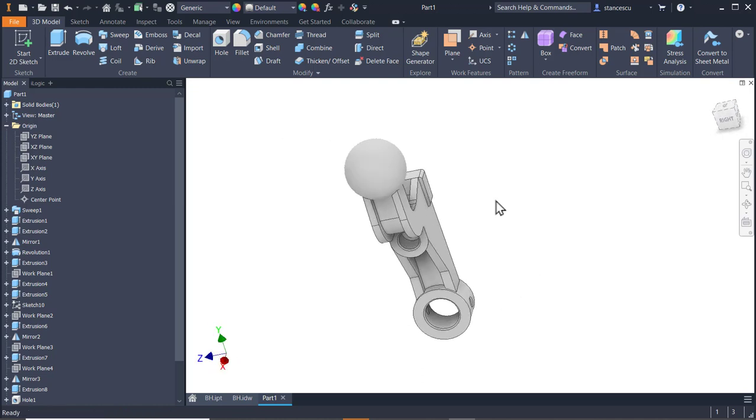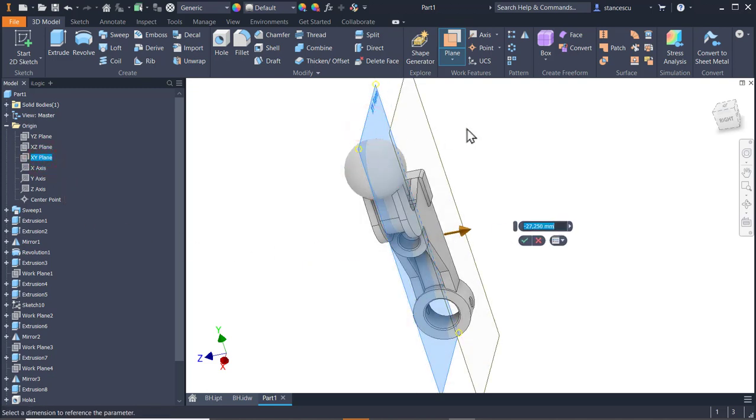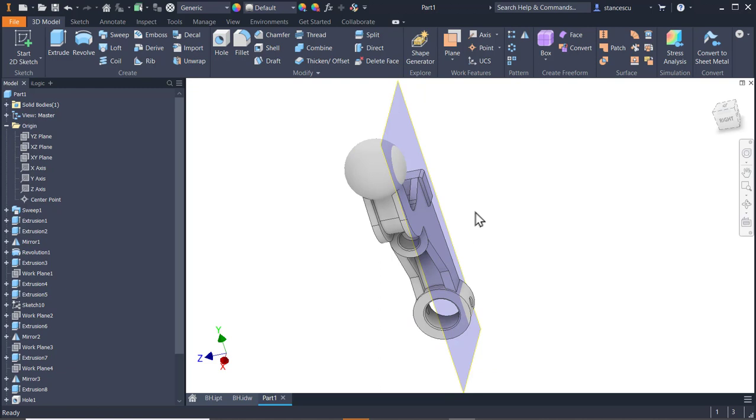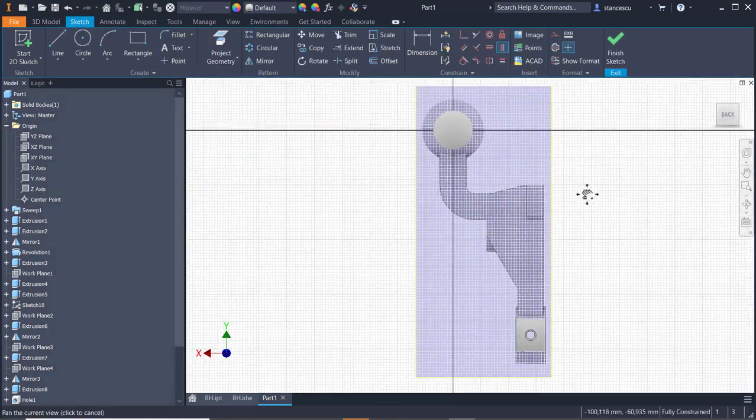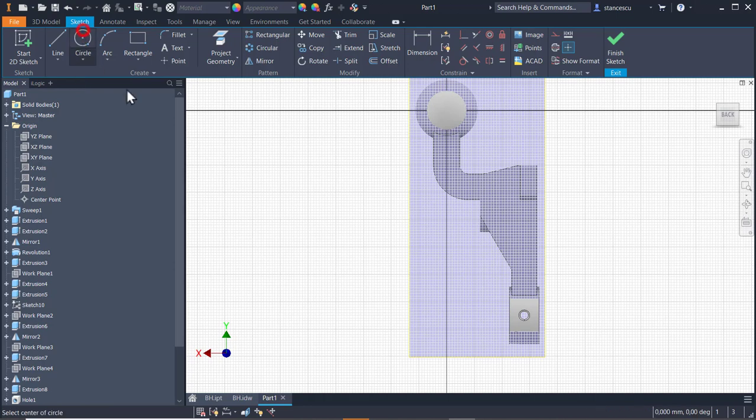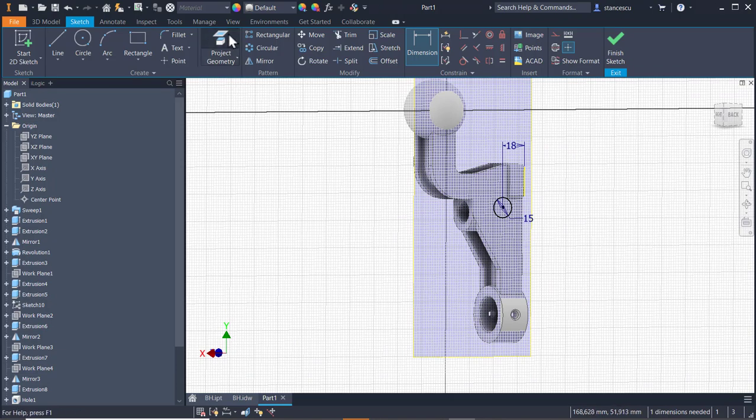This means that I have to create a plane from the XY to the right of minus 15, and to use it to create a sketch with a circle, diameter of 15, distance of 18 from the face, 18, and I project in this plane geometry this circle.